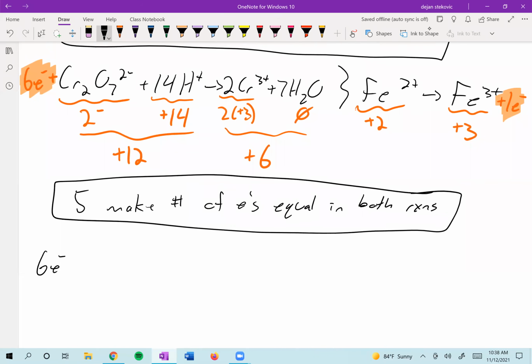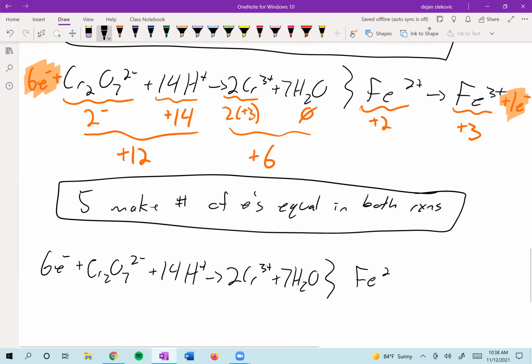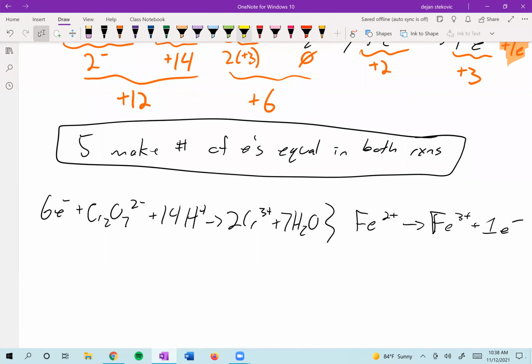So here we have 6 electrons plus this dichromate plus 14 H pluses goes to Cr3 pluses and then 7 waters. Whereas on this other side, we have an Fe2 plus going into an Fe3 plus and 1 electron. So we have to make the electrons the same on either side. Here we have 6. Here we have 1. So to make them the same, we have to multiply our right equation times 6.